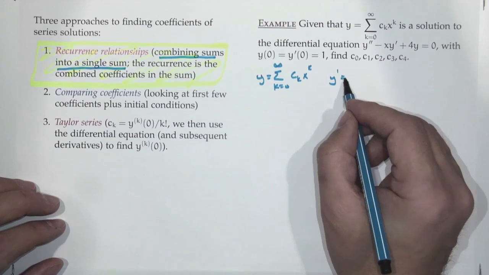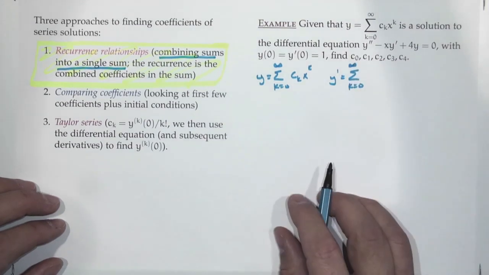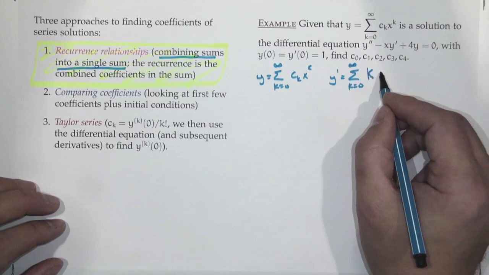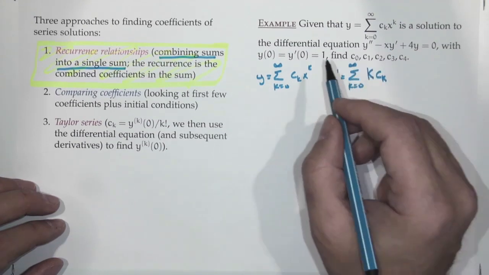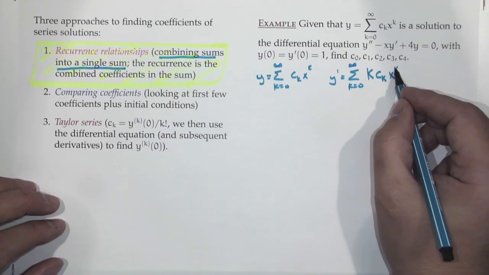What is y prime? Yeah, just take derivatives one term at a time. So I can bring the k down: k times c sub k, x to the k minus 1.